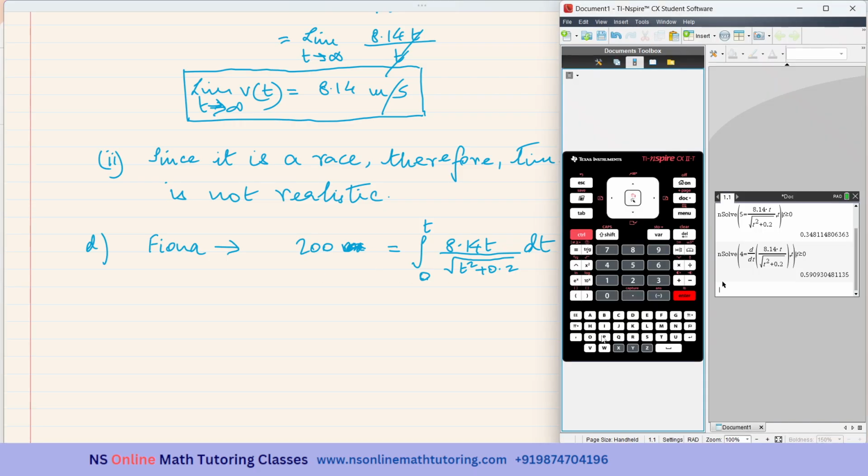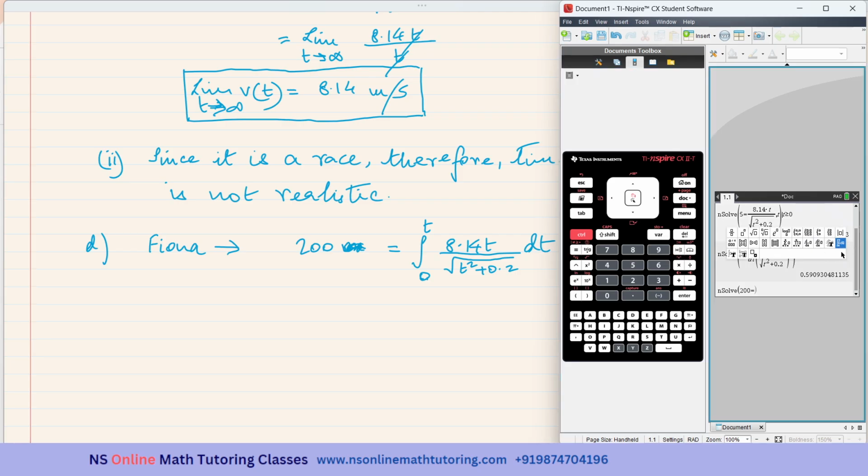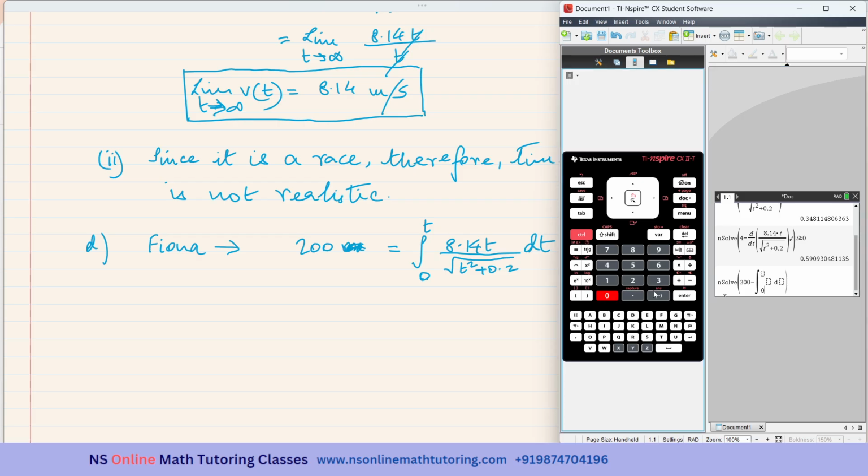And now the calculator. Again nsolve. Okay, and 200 is equal to integral, lower bound is 0, upper bound is t, integrand 8.14 times t over square root of t square plus 0.2 and dt.